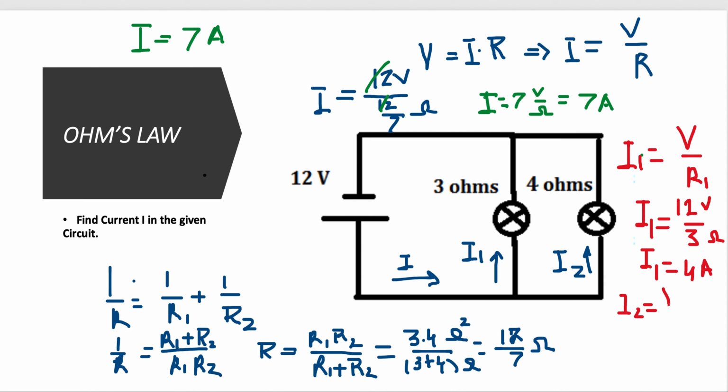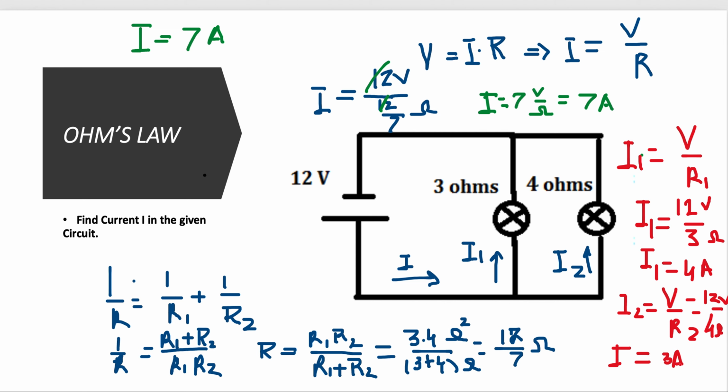Because the voltage is constant, in both resistances it is the same voltage, divided by R2. And this is 12 volts divided by 4 ohm. So I2 is going to be equal to 3 ampere.